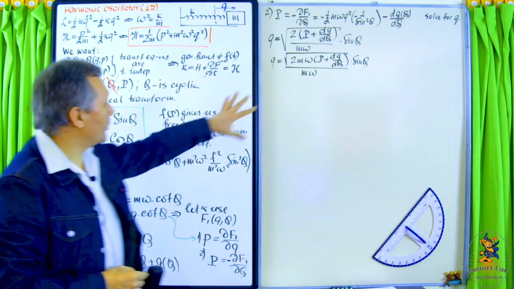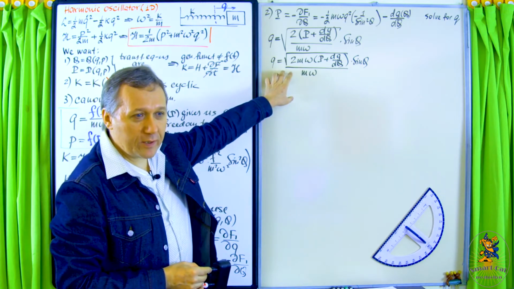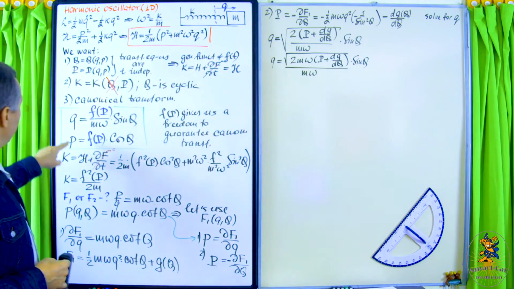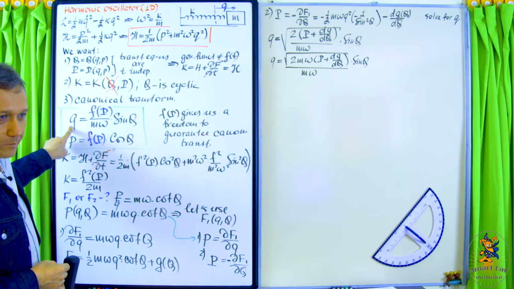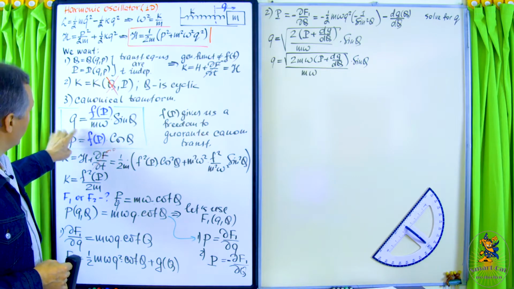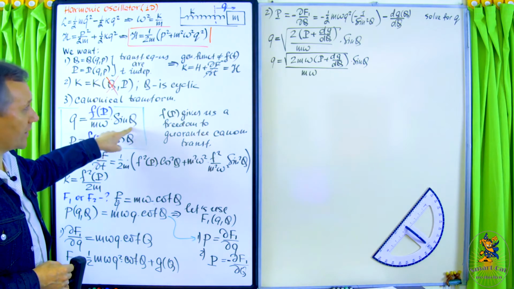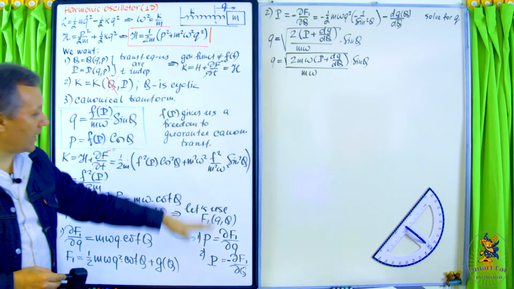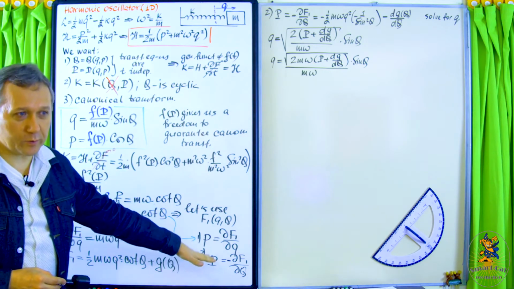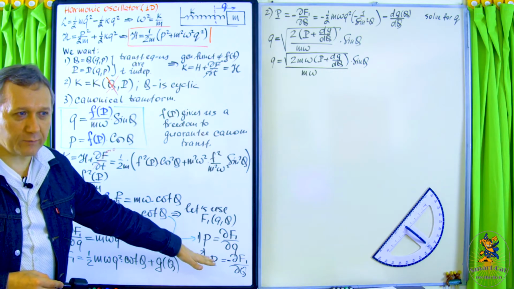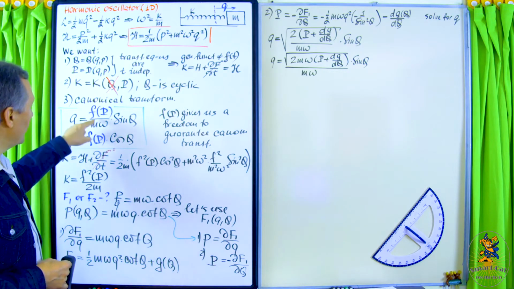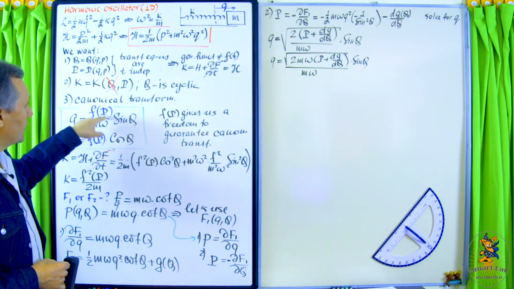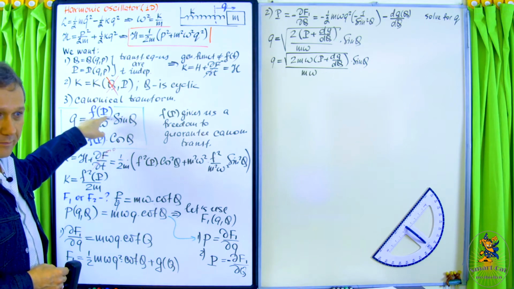Now, look, on purpose, I was trying to get the same structure as in our candidate. You see, m omega downstairs, sine q. So now by comparing what we got after going through these equations which we have to satisfy, we can get the structure of the function f.